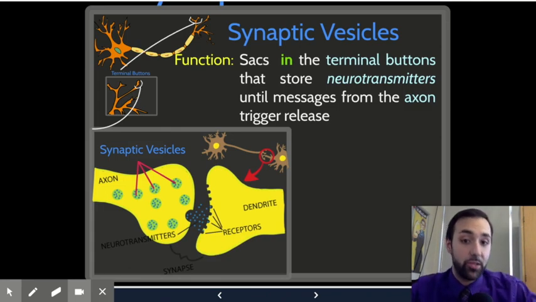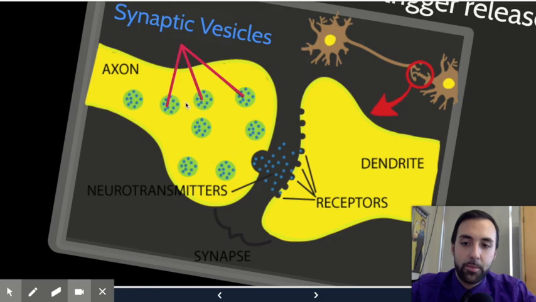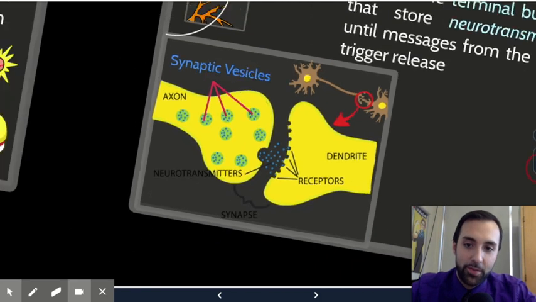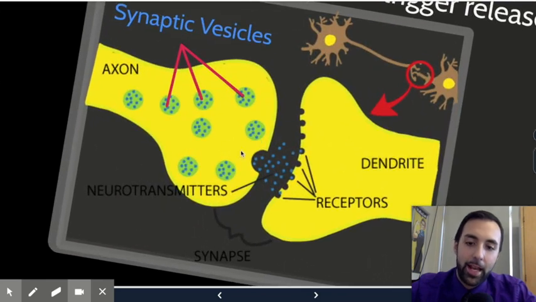And when that happens, as you can see here in this diagram, the little blue dots in the synaptic vesicles exit out of the neuron and enter into what's called the synapse, this region here in the diagram.